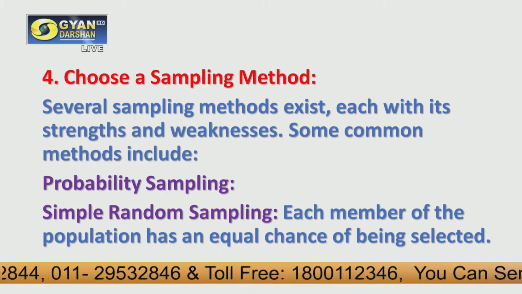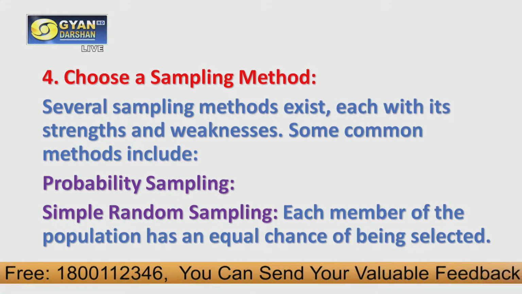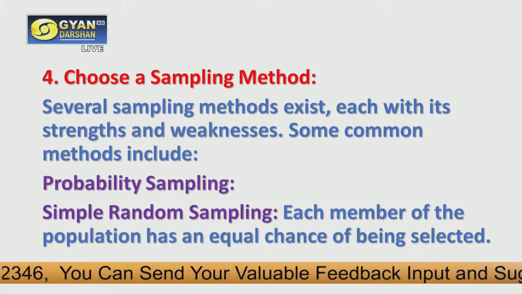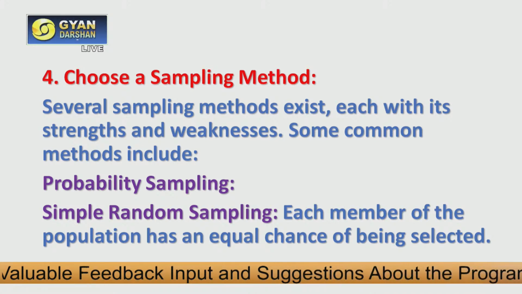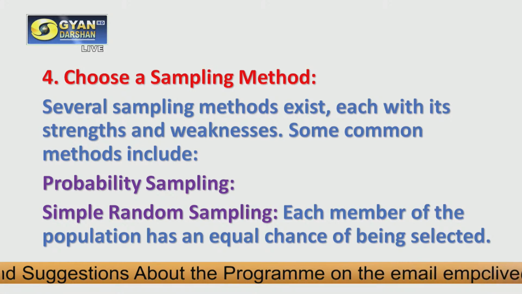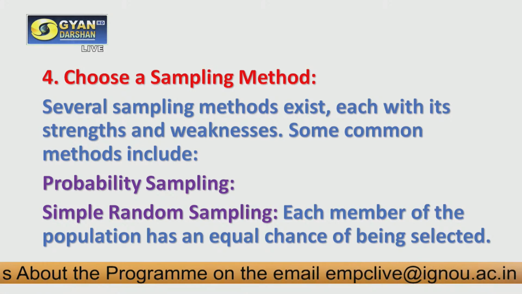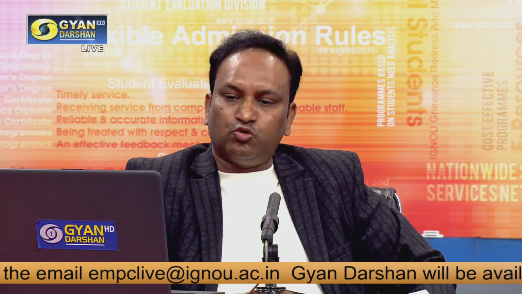In the probability sampling method, each and every element of the population or targeted group will have a chance of its representation. There are some types of the probability sampling methods. Let us discuss each and every probability sampling method subgroup.